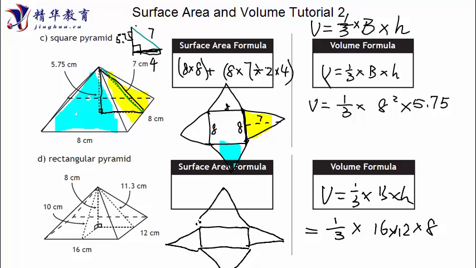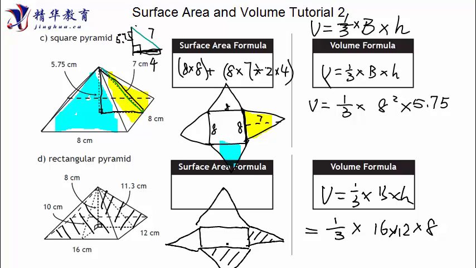So imagine we open up this pyramid. This area equals this area, right? And then the front part is going to equal this part. However, this part and this part are not the same. We need to calculate 2 different sizes of triangles.